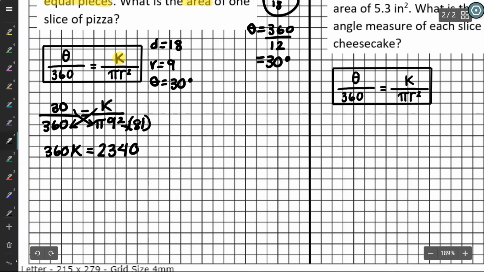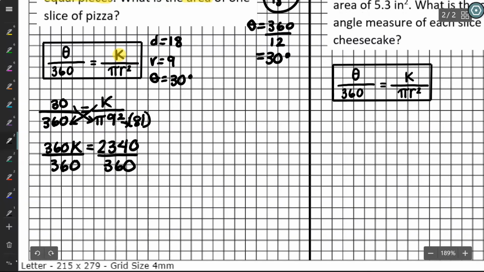And now I want to get K by itself. So I'm going to divide by 360 on both sides. And K equals 2340 pi divided by 360. So first thing I want to do is check to make sure that I can divide 2340 by 360.